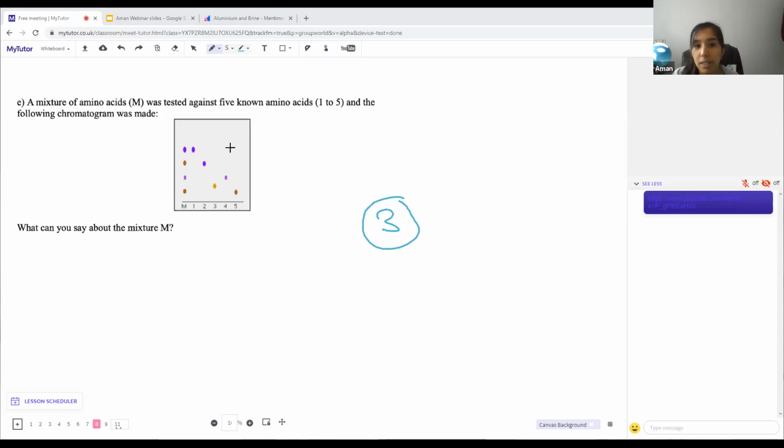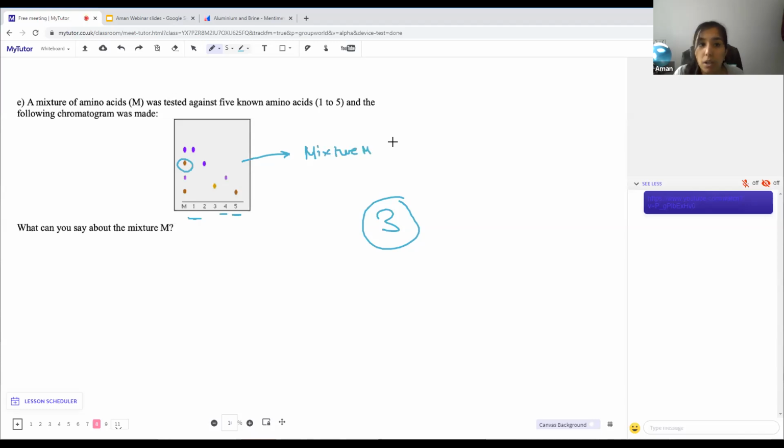So a lot of the marks come from being very specific about saying that mixture M is made of 4 amino acids, and they are 4, 5, and 1, but we don't know what this one is.